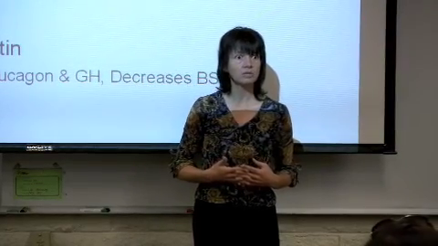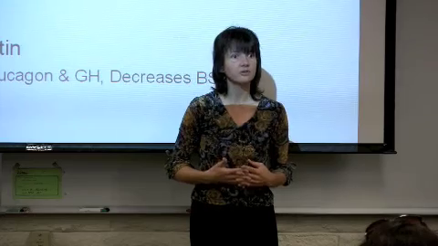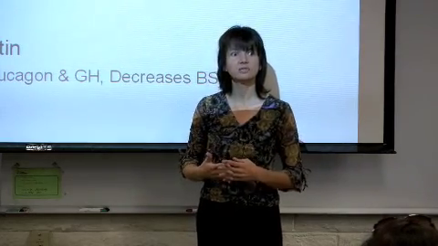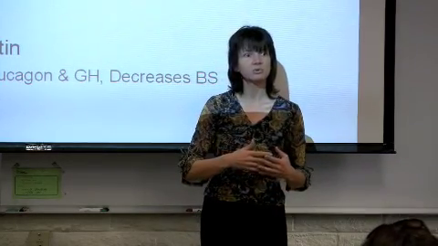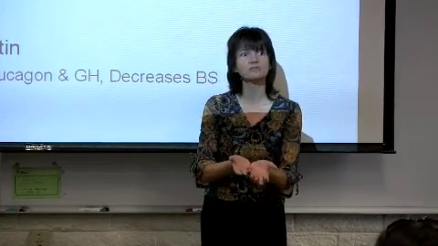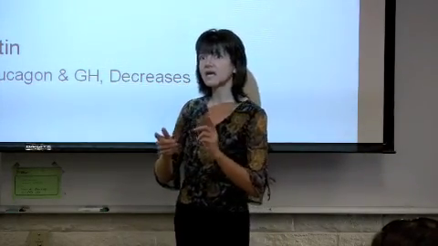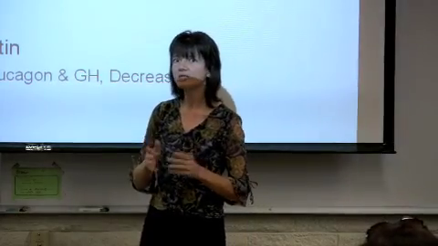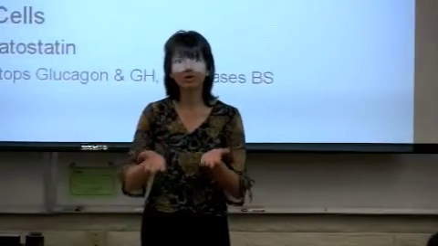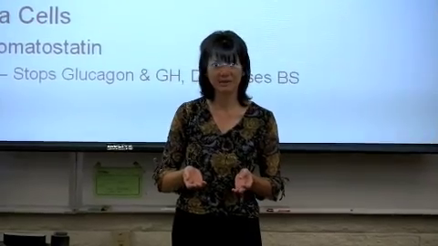Glucagon is a hormone, and its target is the liver. And when glucagon is released, the liver then will respond by releasing its stores of glycogen. Okay, so that's one way that the pancreas has the ability to help modulate blood sugar in order to bring it back up. Does that make sense?